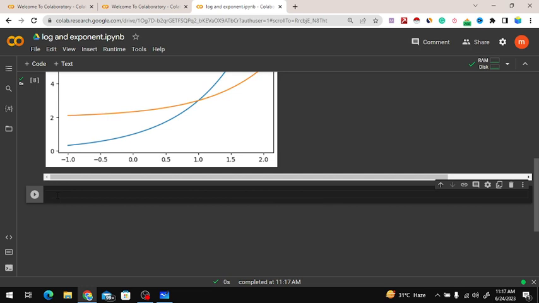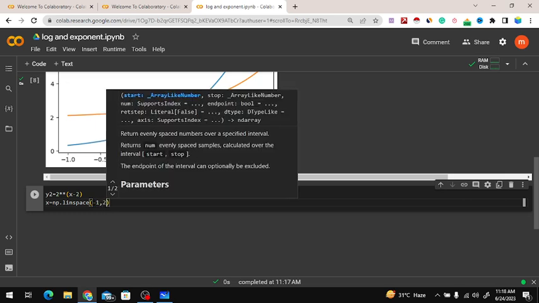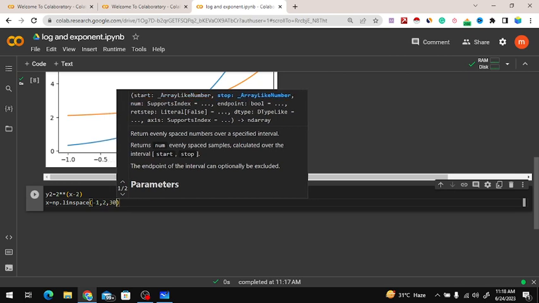Now I am going to write here the second value: y2 equals 2 to the power x minus 2, and now x will be equal to np.linspace, minus 1 comma 2, and put here 301 values between these.